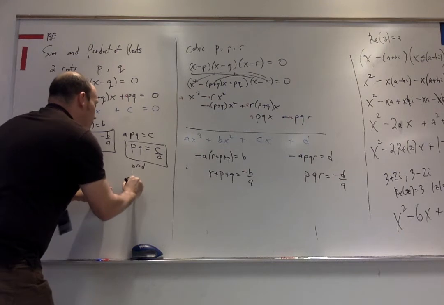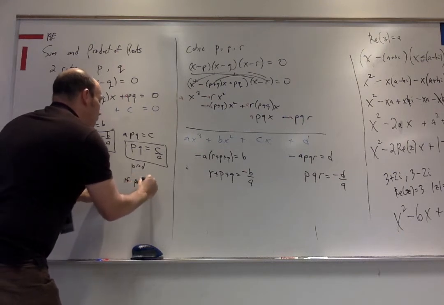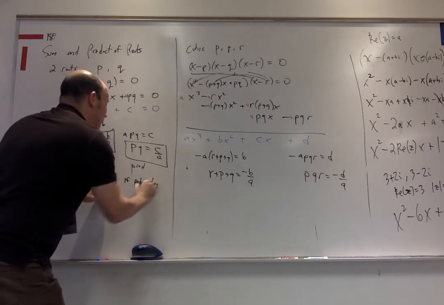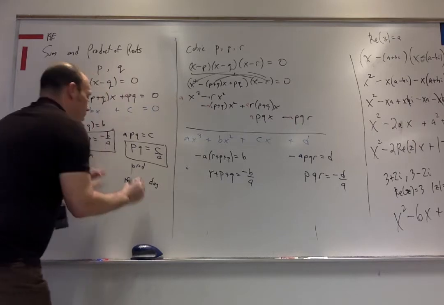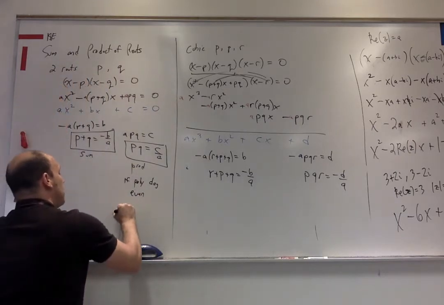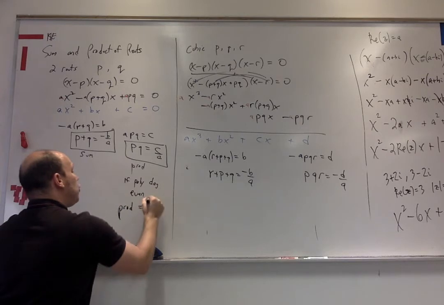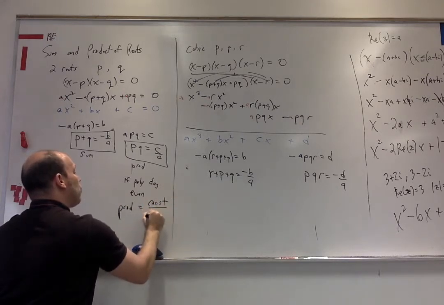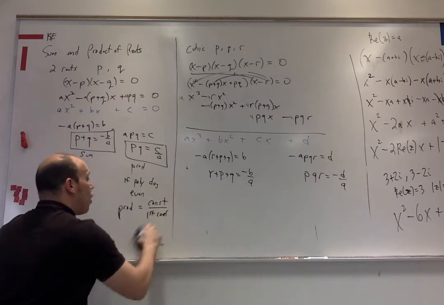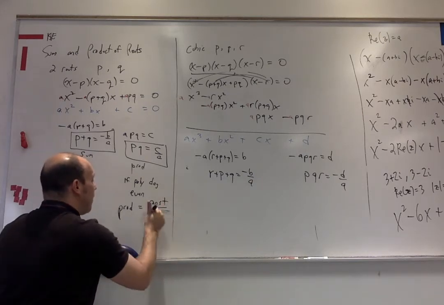So if the polynomial has a degree that's even, then the product is equal to the constant over the lead coefficient. That's what we talked about.